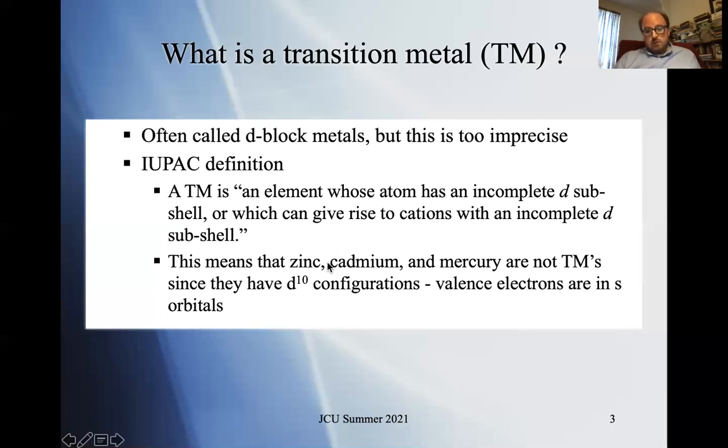But at this point, we know that these three elements all have D10 configurations, whether as a metal or even as a cation, so they have a complete D subshell. And their valence electrons, when they do form cations, are from s orbitals. That has to do with the fact that having a D10 configuration stabilizes that whole set of orbitals relative to the s orbitals that are similar in energy.